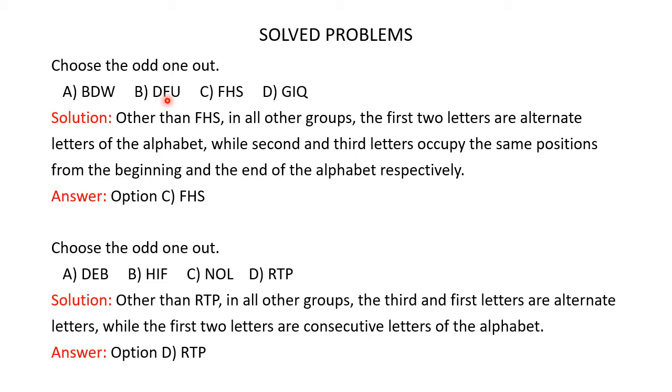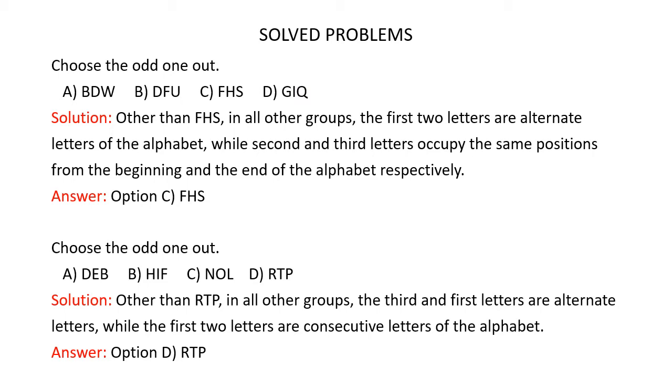F is the sixth letter from the beginning of the alphabet, and U is the sixth letter from the end of the alphabet. Similarly, in option D, G and I are alternate letters, and I is the ninth letter from the beginning of the alphabet, and Q is the ninth letter from the end of the alphabet.